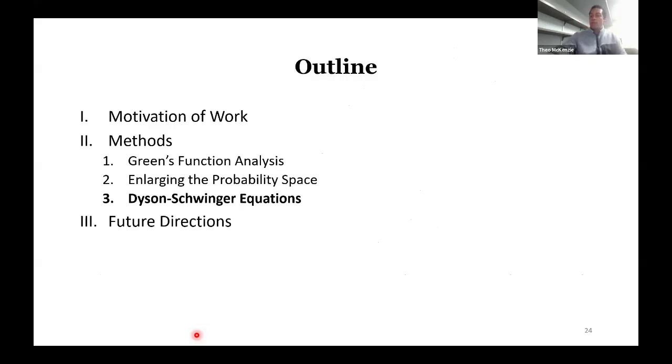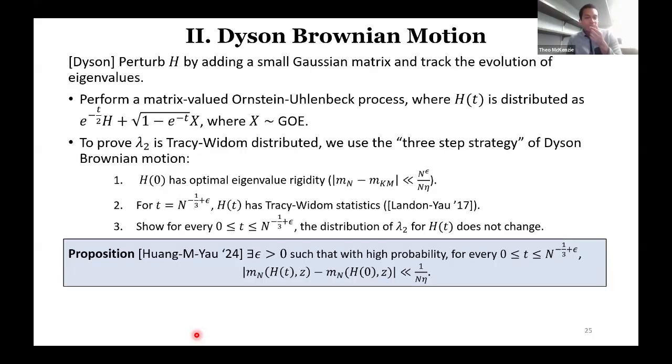Okay, now finally, let's think about these Dyson-Schwinger equations. So this is probably the most technical part, but this is really what we have to do to get down to this precise Ramanujan bound. So the general idea is that there's a general method called Dyson Brownian motion where we can show that the spectral statistics of some family of random graphs, or random matrices more generally, emulates that of a Gaussian matrix.